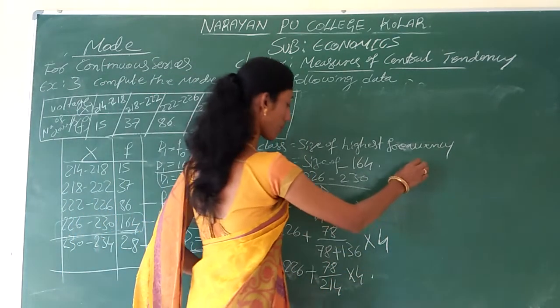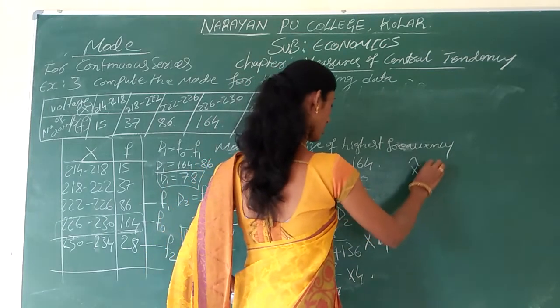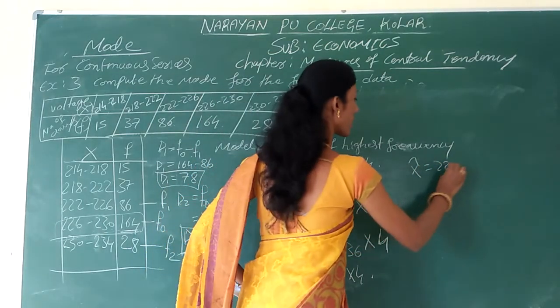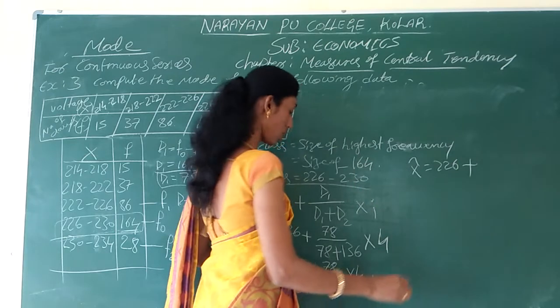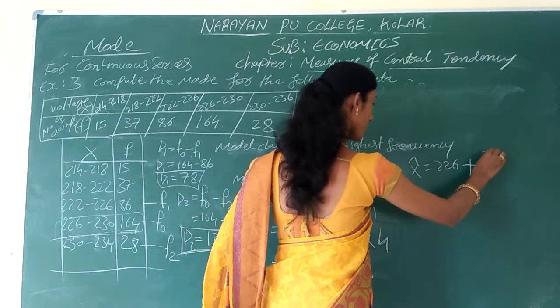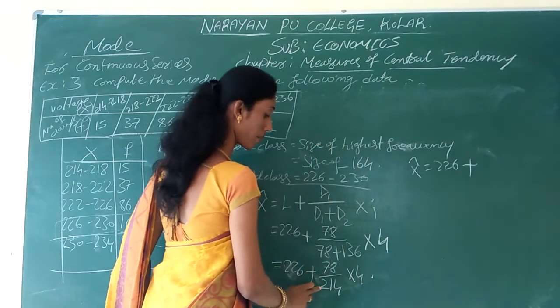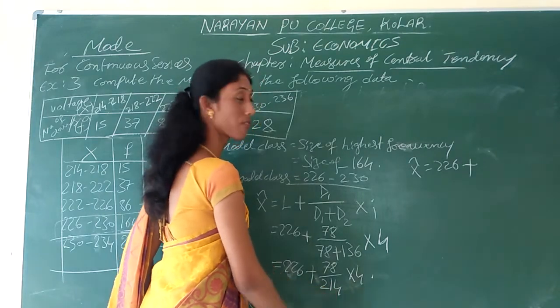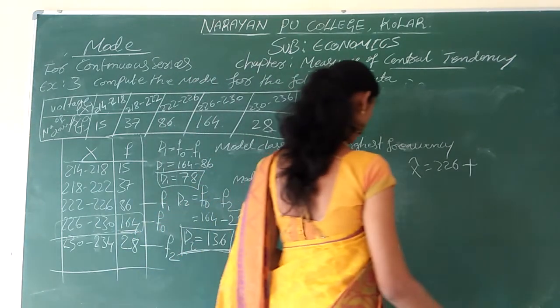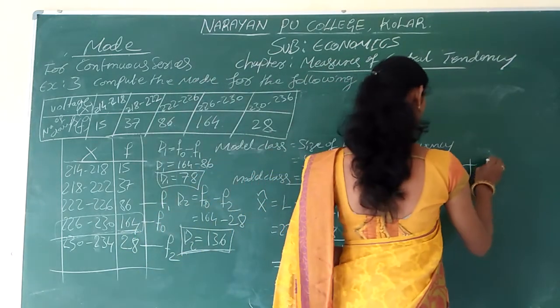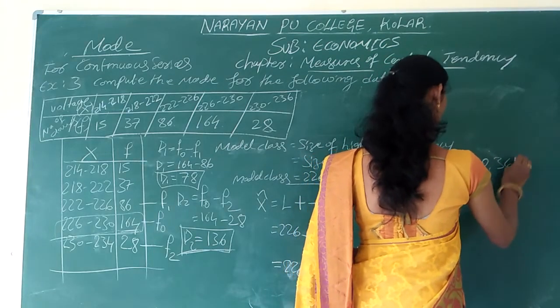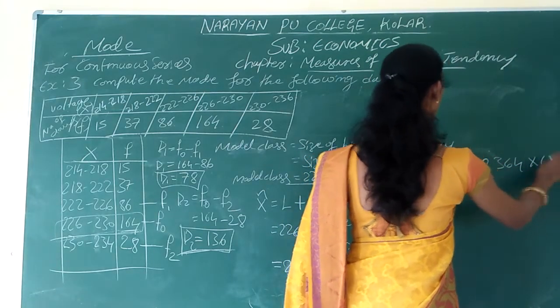Now come here, mode is equal to 226 plus 78 divided by 214, if you do, you will get 0.364 into 4.